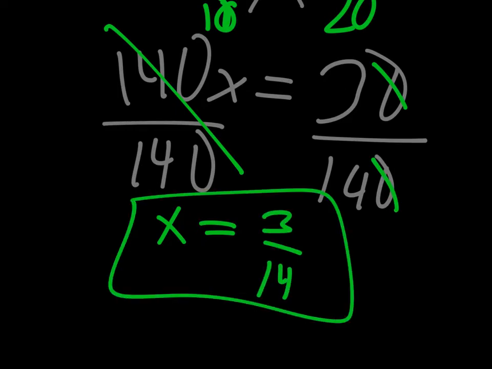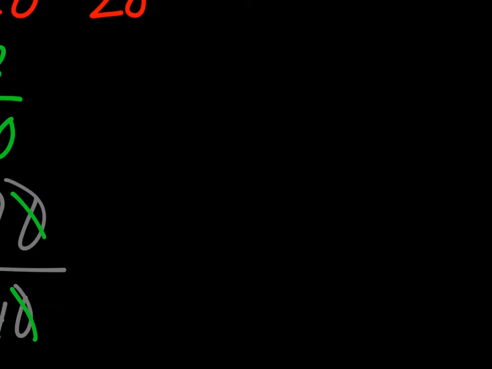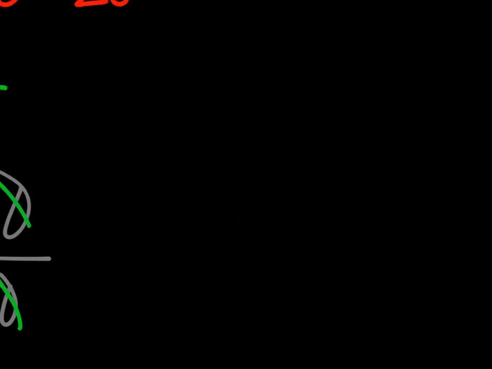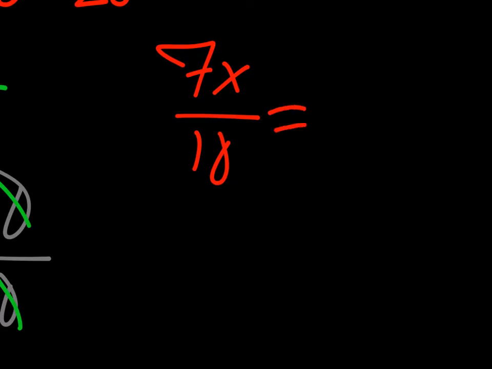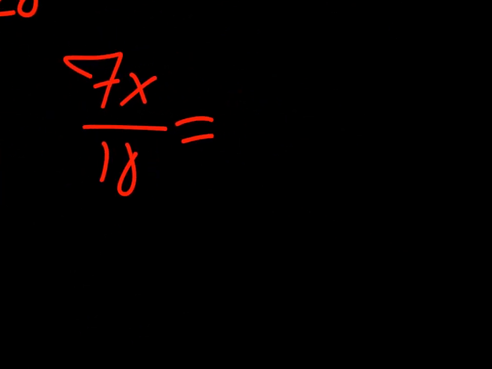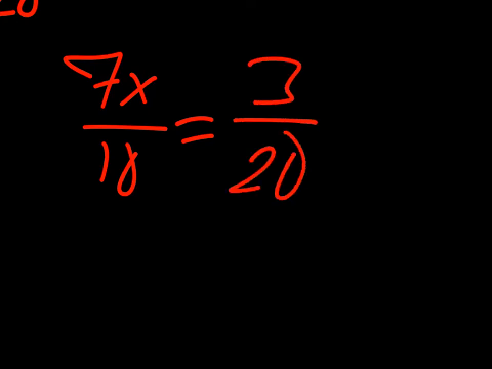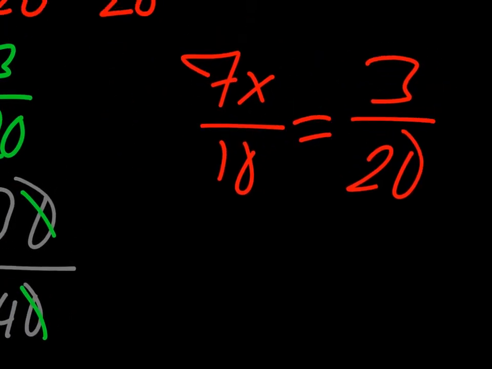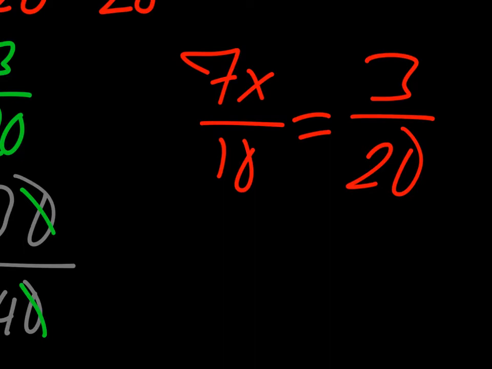Option A. Let's show you option B. Option B is if we have 7x over 10 equaling 3 over 20, what you can do is double this one, because we know that to get 10 to be a denominator of 20, all you have to do is multiply by 2 over 2, right?